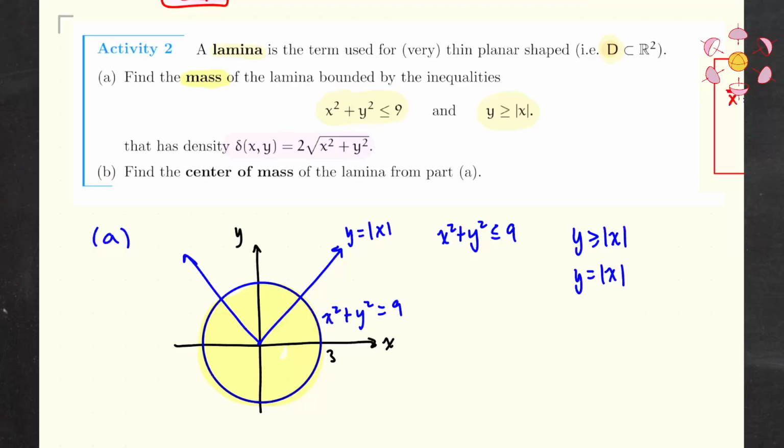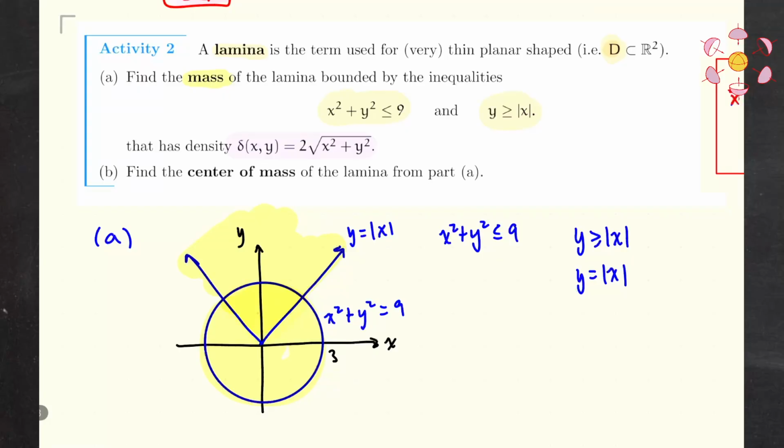Since we want the y values above the absolute value of x, what that entails is shading this region above. Taking these two pieces together gives us the domain D, that's this cheese wedge over here. Getting rid of the intermediate shading, this is the domain, or the description of the lamina D.